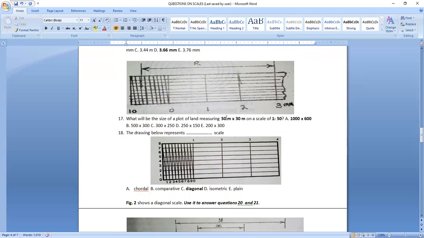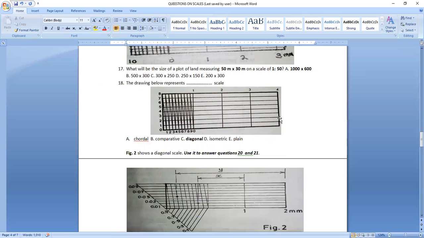Sorry, 50 meters will give us 50,000 millimeters, and 30 meters will give us 30,000 millimeters. If we divide 50,000 millimeters by 50, that will give us 1,000 millimeters, and 30,000 millimeters by 50 will give us 600 millimeters. Okay. So the answer to this question is option A.